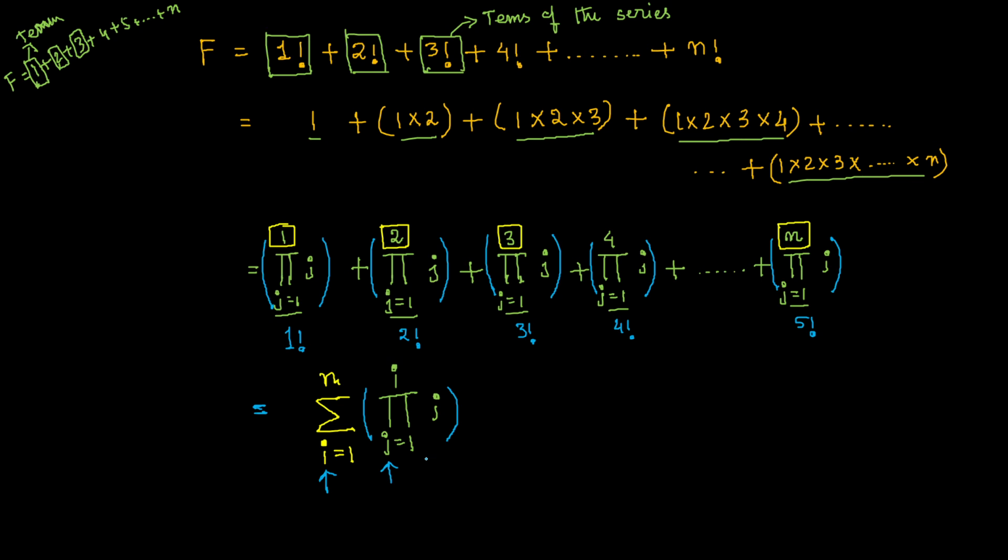That means you require two for loops. Always remember, I'm just showing you the strategy to realize how you can write a program for this type of series. So you will realize that you must have two for loops. One for loop is for this summation and one for loop for this pi, and the loop variable for the summation for loop is I, and the loop variable for the pi for loop is j.